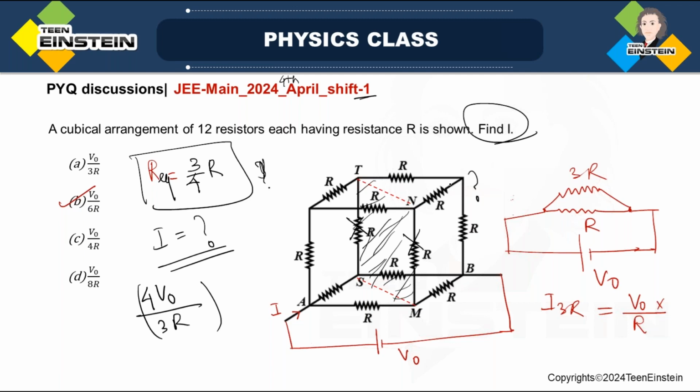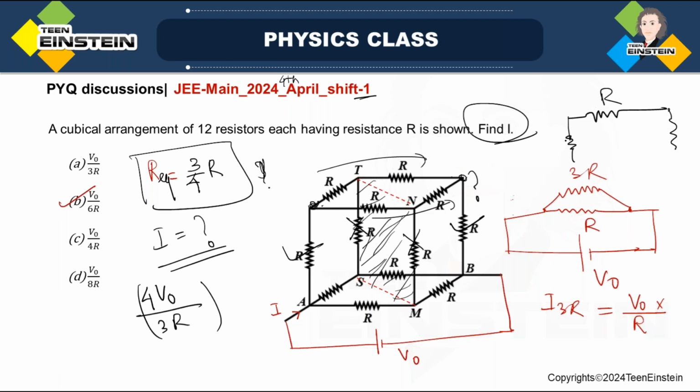So if there is no branching of current over here, these two will be in series, so 2R and this will be 2R. They are in parallel at these particular ends, because these two ends will be having the same potential according to the symmetry relation. So 2R and 2R in parallel will give you resistor R, and you have another 2 resistors here.